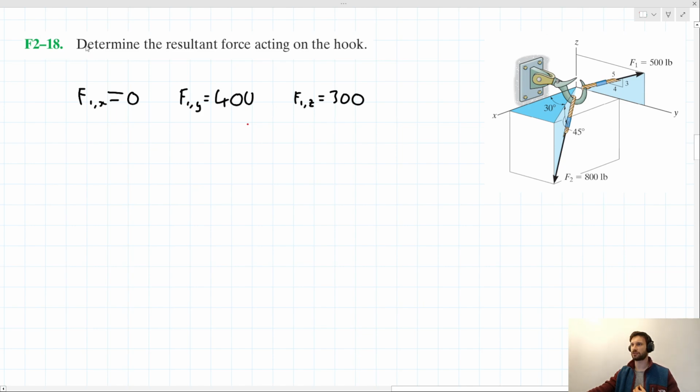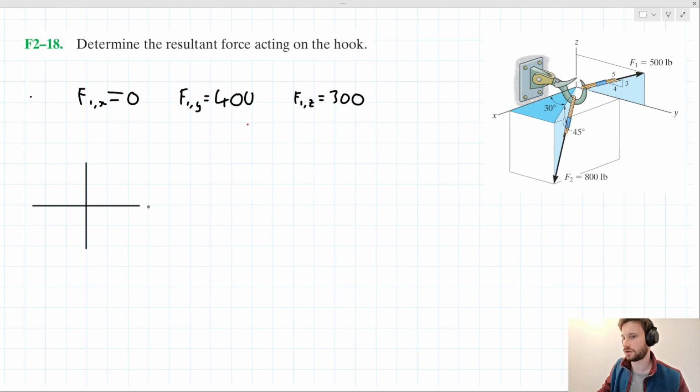Let's start out by drawing some axes here. So I've got some axes here, and we've used this method in previous problems, where our horizontal axis here can be considered as the XY plane, and the vertical axis here can be considered as the Z axis.